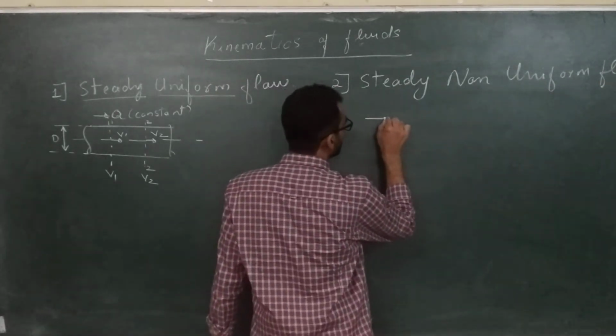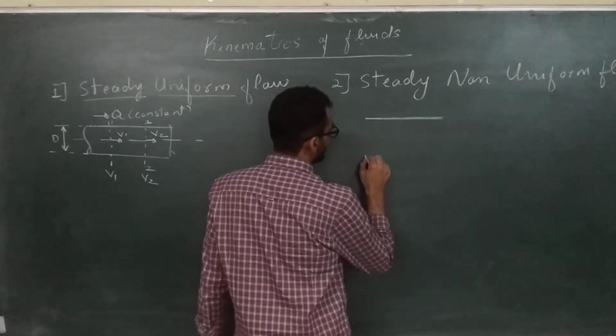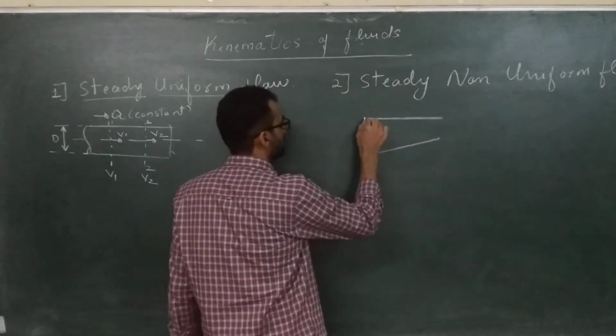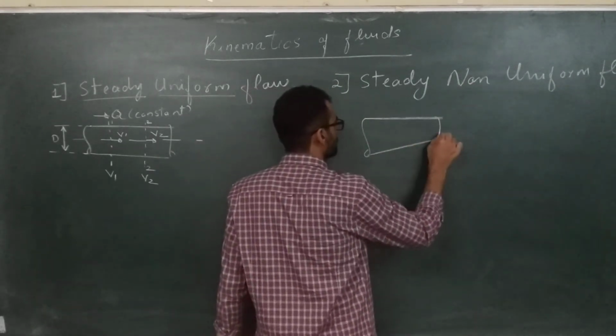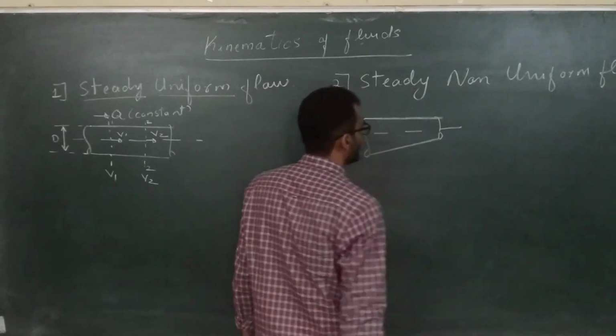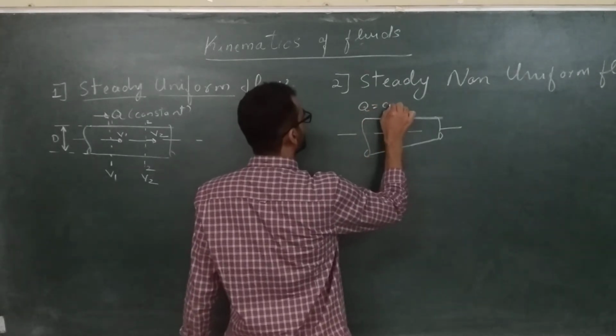You have a pipe, suppose, but its cross section is varying. So now it is decreasing. You have a pipe like this. Here, you have discharge as constant.